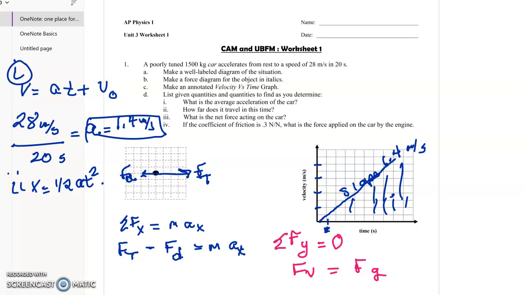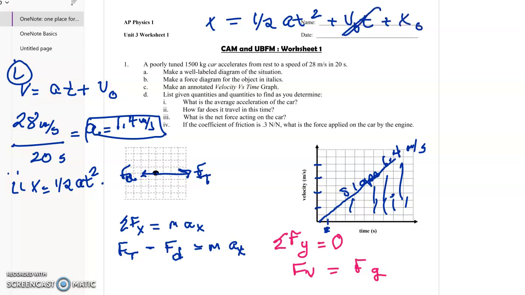And I can leave off that other part of the equation. So X equals 1/2 AT squared plus V naught T plus X naught.